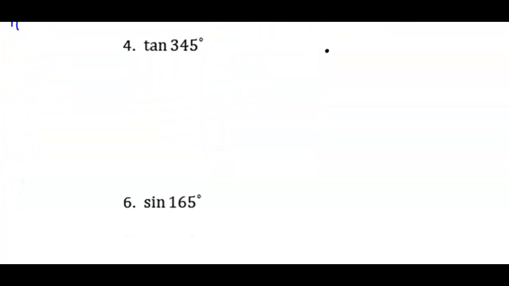All right, tangent. I'm going to be honest. When I was going through y'all's work, some of y'all are still struggling with this. So let's talk about it. Tangent of 345. For a sum, I could do 300 plus 45.